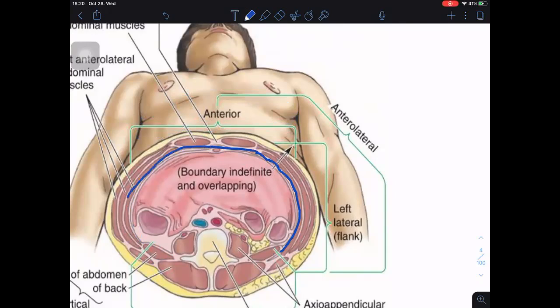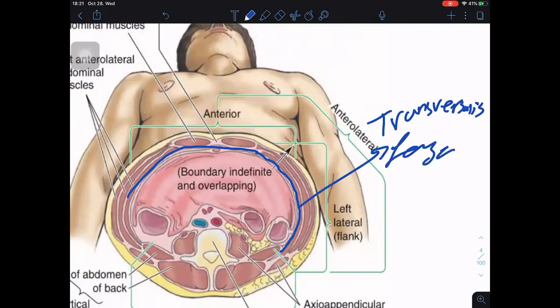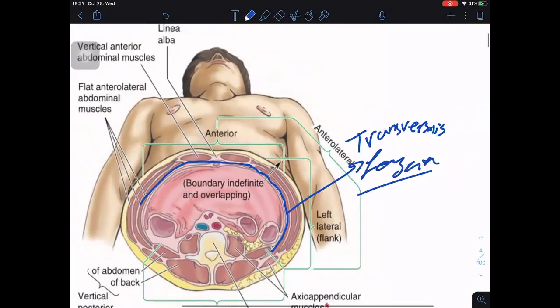That's why throughout most of the course of the endoabdominal fascia, you call it transversalis fascia. Okay, you call it transversalis fascia because it's covering the inner aspect of the transversus abdominis muscle, but still it's the endoabdominal fascia. You just call it in that way. All right, so don't really get confused with it because it's the same thing.